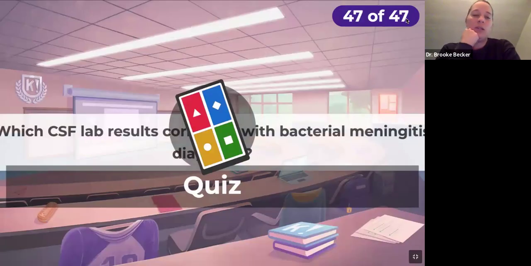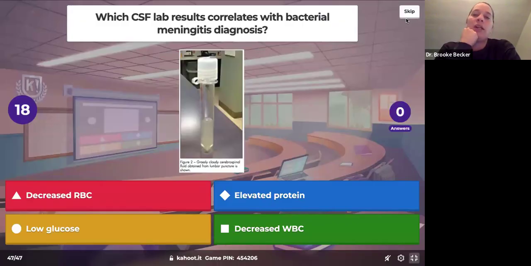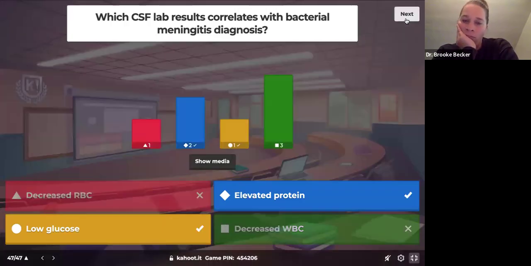Last one, multiple select. Which CSF lab result correlates with bacterial meningitis diagnosis? Decreased red blood cells, elevated protein, low glucose, decreased white blood cells. Elevated protein and low glucose in your CSF is going to be suggestive of bacterial meningitis.